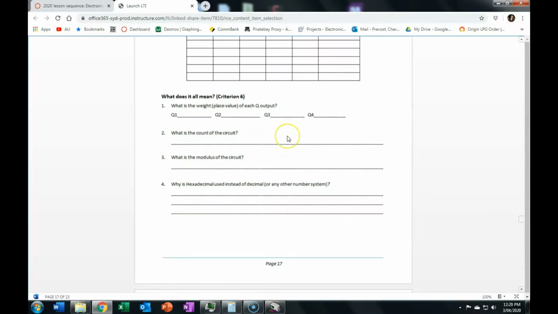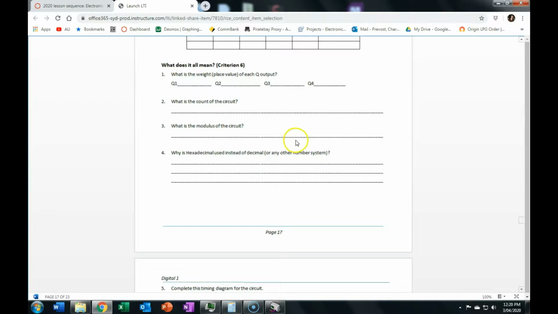The count of the circuit, we talk about count as being the range of numbers that it can represent, or range of values. In this case, the lowest was 0 and the highest was 15 in decimal. We could say 0 through to F if we wanted to use hexadecimal.